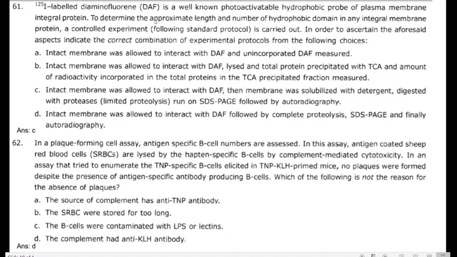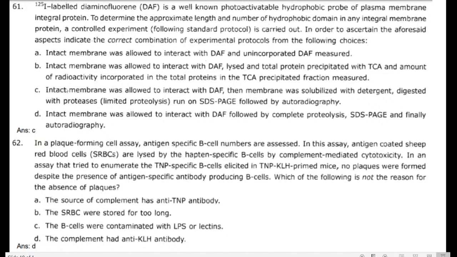To determine the approximate length and number of hydrophobic domains in an integral membrane protein, a control experiment following a standard protocol is carried out. Which option indicates the correct combination of the experimental protocol? We want to select the correct protocol.